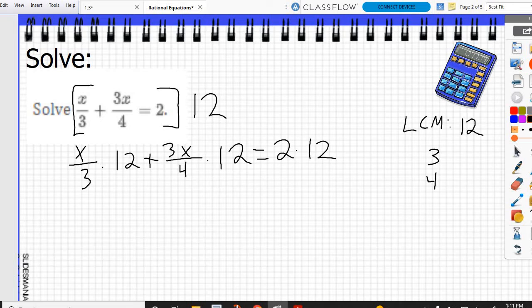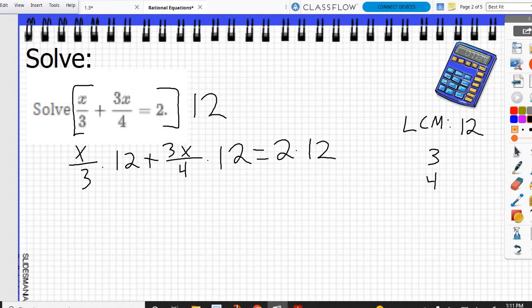So on our first one, what reduces? In other words, how many times does 3 go into 12? 4. So my 3 goes into 12 4 times. I would multiply my 4 by the x.